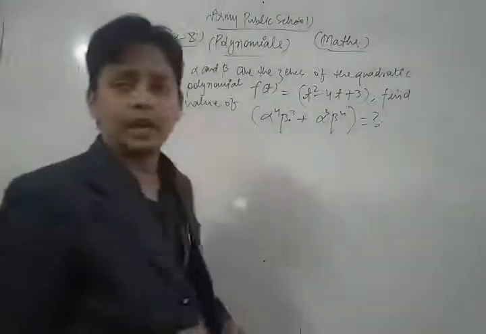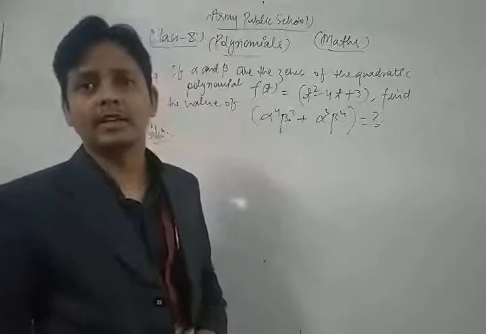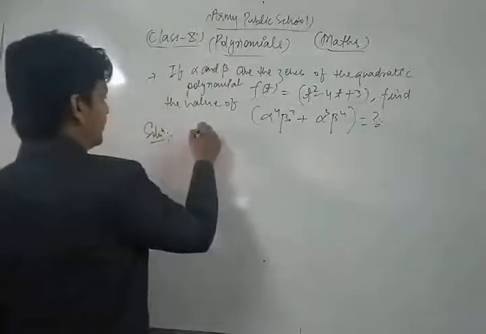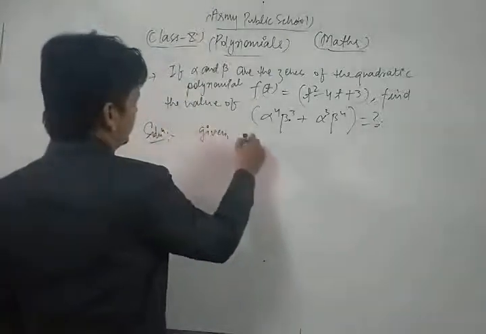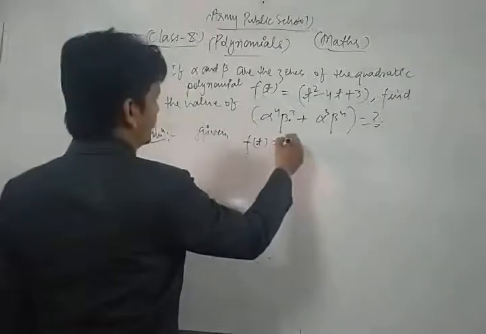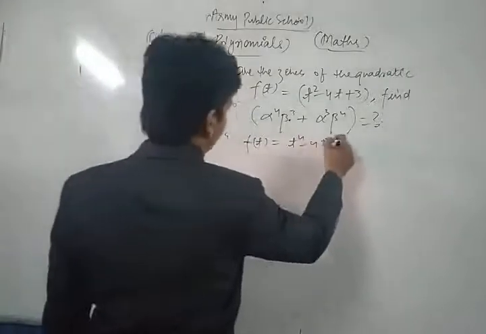First of all, we have a quadratic polynomial in t. So given, the polynomial in t is t square minus 4t plus 3.